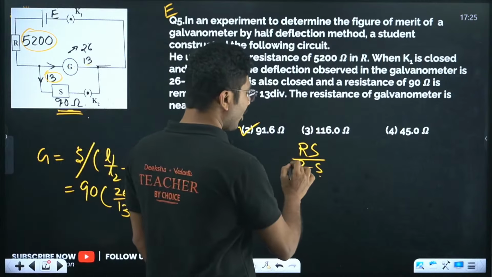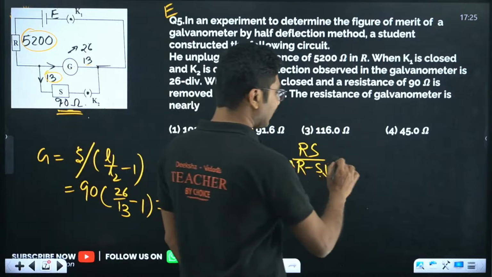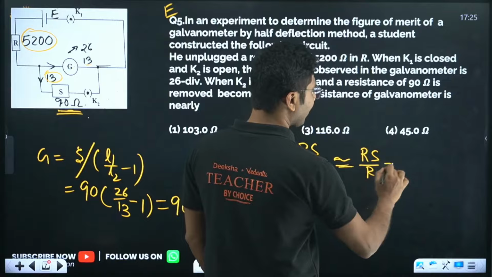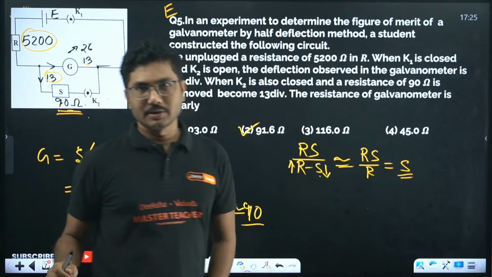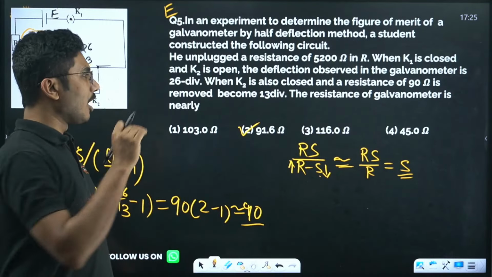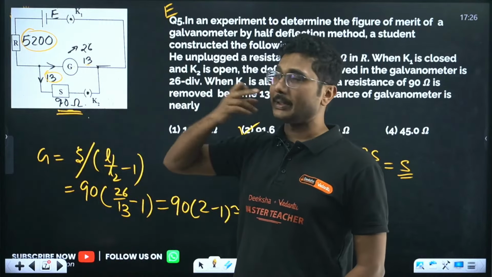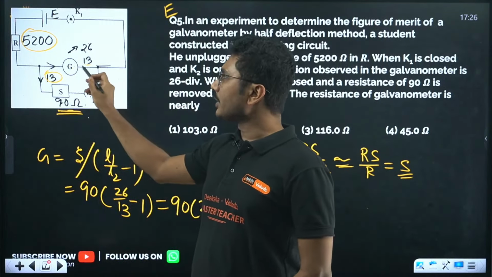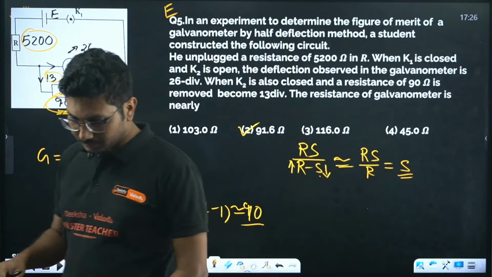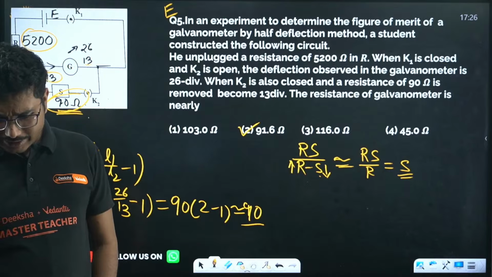Remember that the value of R is very high, the value of S is very small. So in this method also you say that RS by R approximately will be equal to S. Okay, approximately it will always be equal to S. This is a very common point you have to remember: if you see any question based on half deflection method, the resistance of the galvanometer will be very close to this value. Okay, you can use any method that you want.